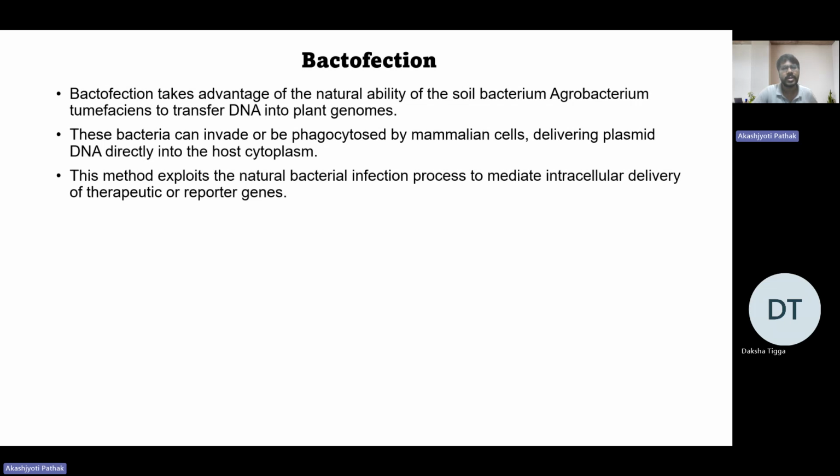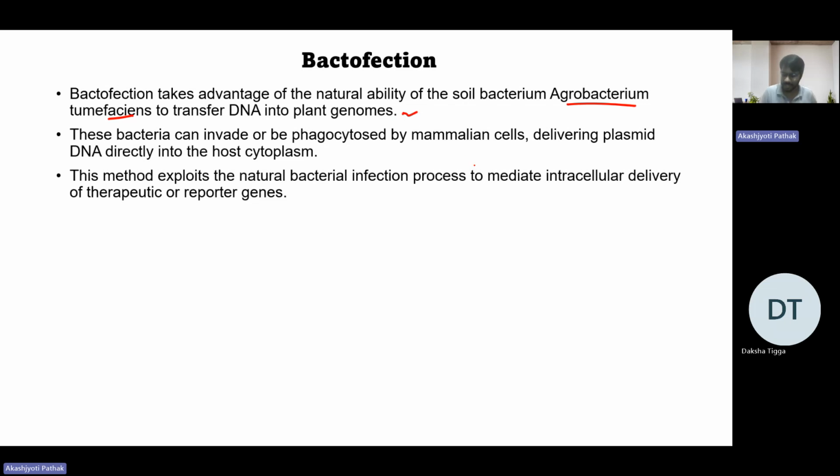Now bactofection. What is bactofection? Bactofection is basically using a bacterium to transfer genetic material into the mammalian cell. Like you must have heard about Agrobacterium tumefaciens. Bactofection takes advantage of the natural ability of the soil bacterium Agrobacterium tumefaciens to transfer DNA into the plant genome.